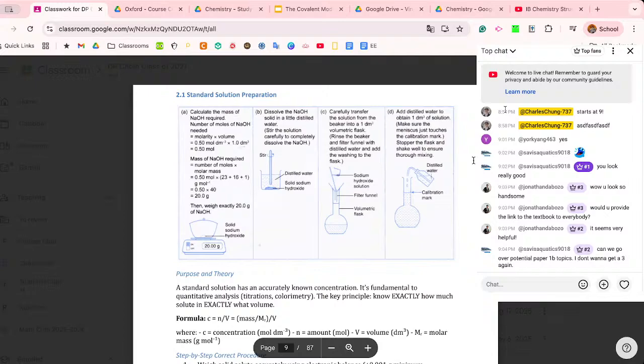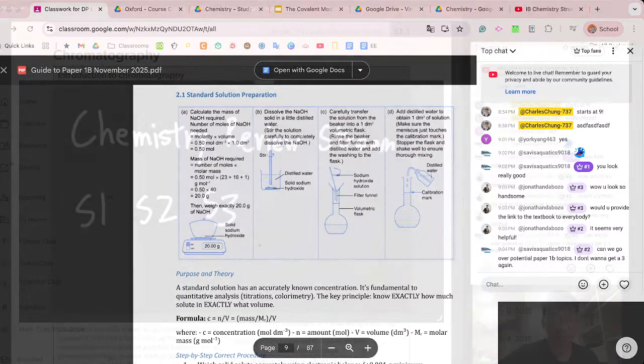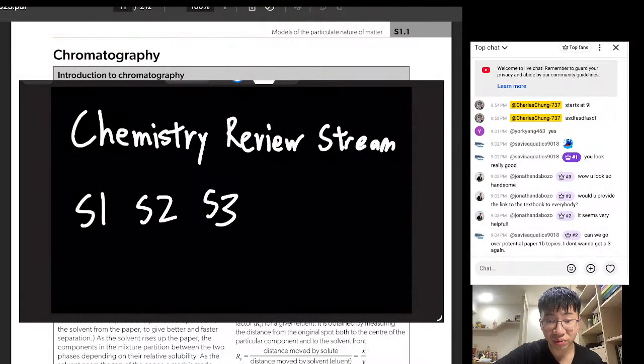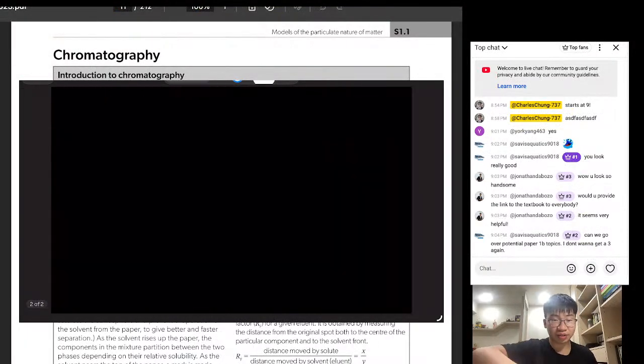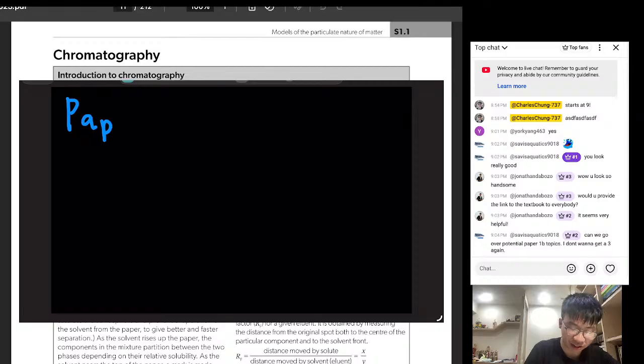First of all, solution preparation, and over here I'll switch to my iPad. Let me switch to a new tab. The first thing you want to be careful of in a paper 1B. Let me label it so the people that just joined the stream will know: Paper 1B preparation.